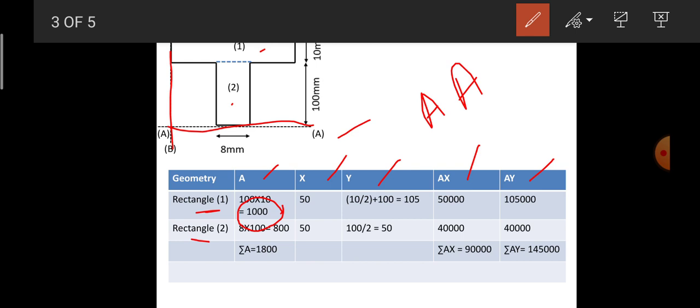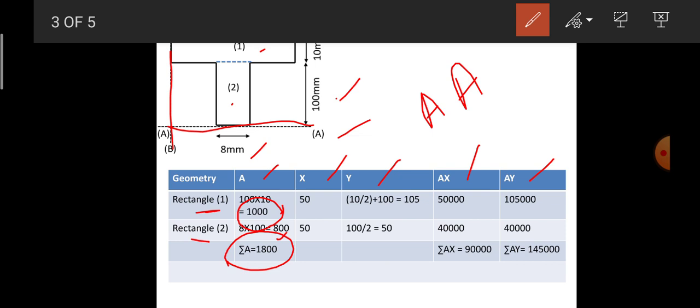Similarly, for rectangle 2, the width is equal to 8 mm, which is the horizontal distance, and the vertical height is equal to 100 mm. So it is 8 into 100, that is 800 mm square. This is the area determination for both rectangular sections. After that I add both areas in order to get the overall area of the T-shaped structure, and I get the area as 1800 mm square.